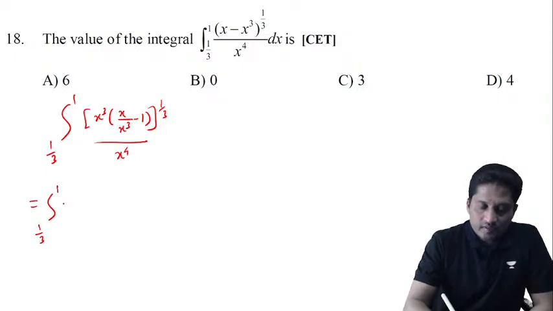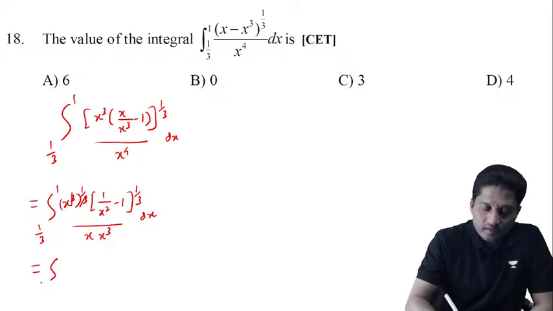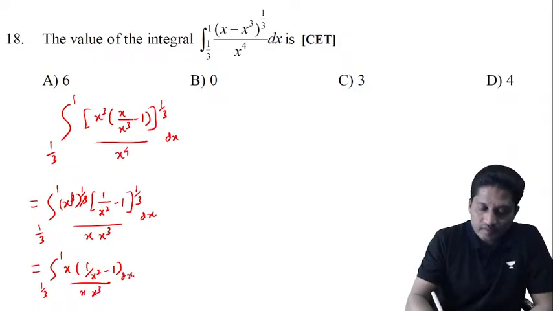This is x cube to the power of 1 by 3, into (1 by x square minus 1) whole to the power of 1 by 3. And then this is x into x cube dx. This will cancel. So x into (1 by x square minus 1) divided by x into x cube dx. Okay, this will cancel.